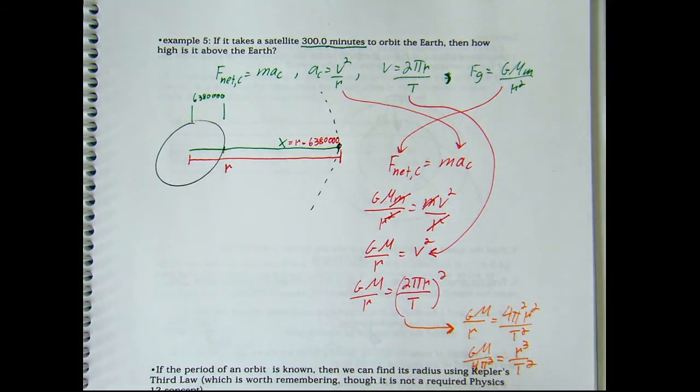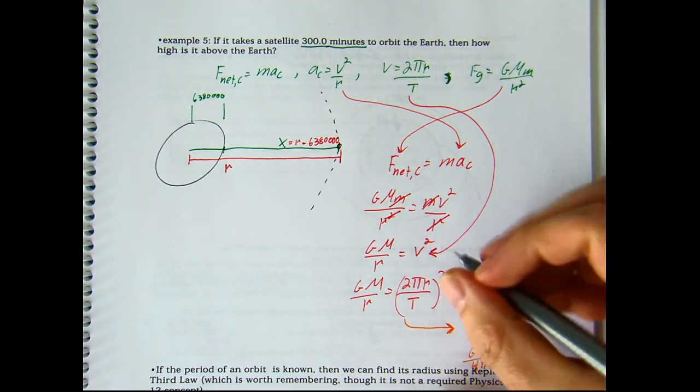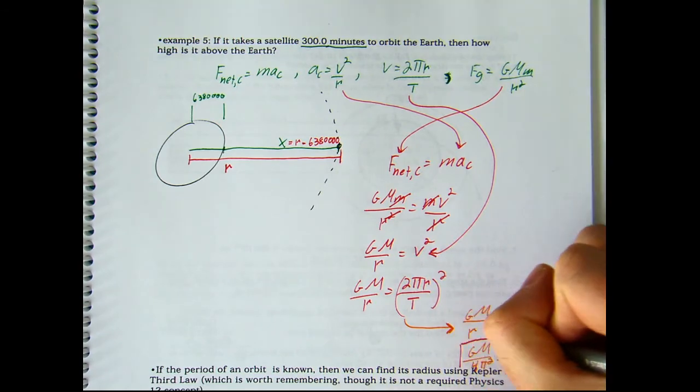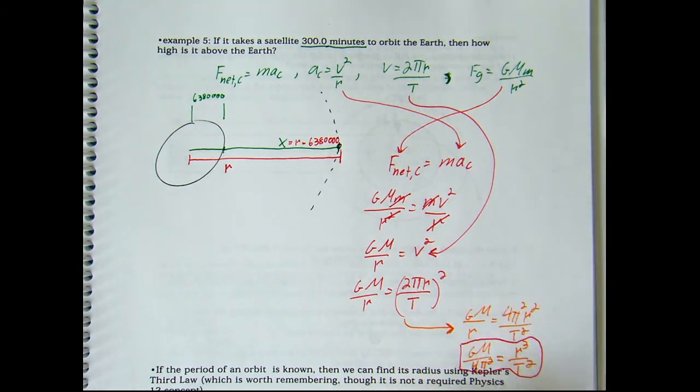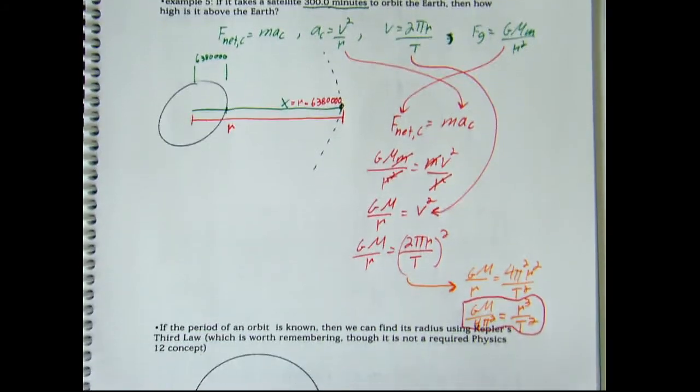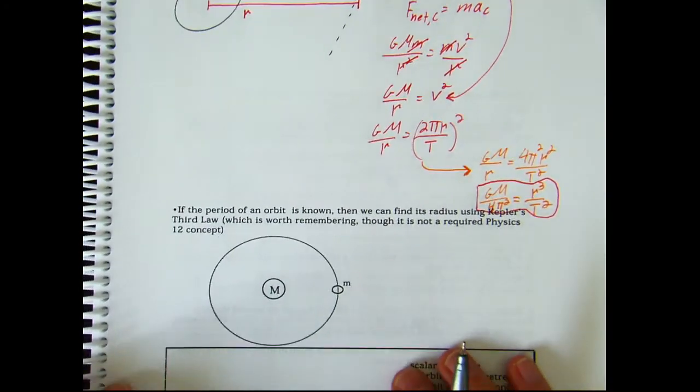This guy here is what we call Kepler's third law. Really cool result, but ultimately not one that we need a lot in Physics 12. But I'm going to make a note of it down here before we finish this question off.